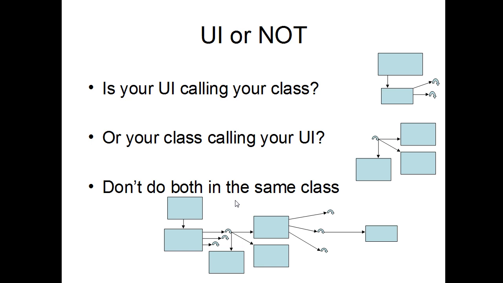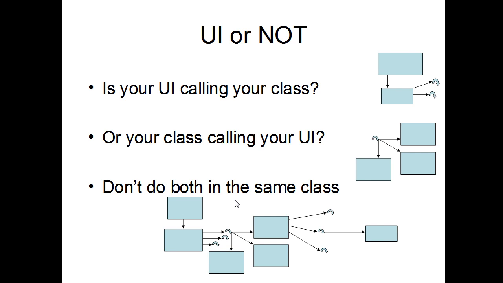So what should you do? Well, both are possible. Personally, I prefer to have my classes completely independent from the UI. Why? Because this way I can use my class from the web or from WinDev or from anywhere where I need to, and the UI, the part UI itself, is managed at the UI level.